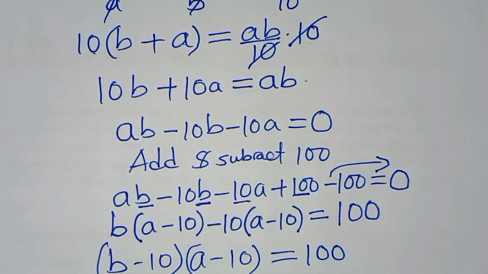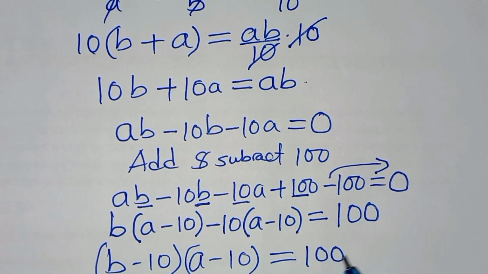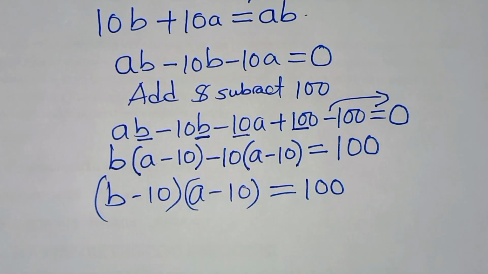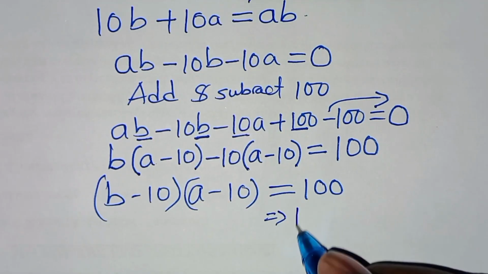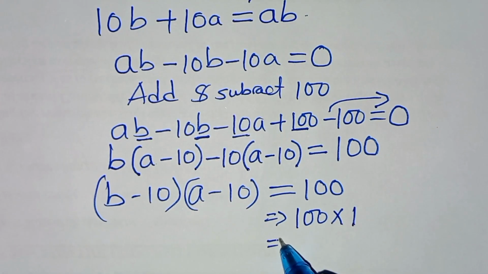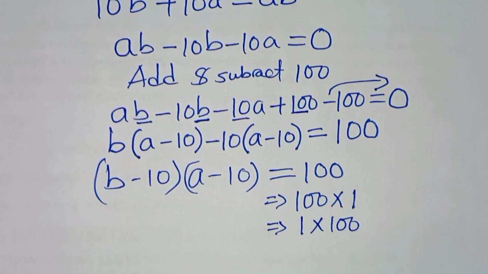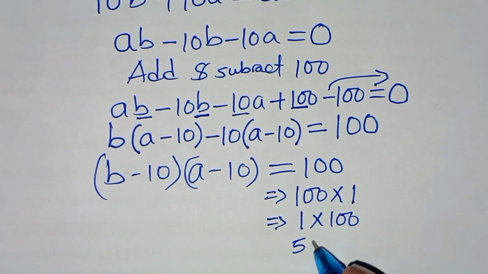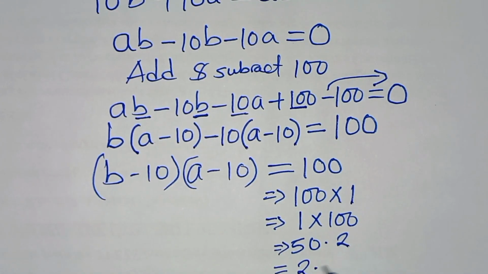So the next step is to get factors of 100. Let's get the factors of 100. So here we have 100 times 1. Then we have 1 times 100. Then we have 50 times 2, which is the same thing as 100. We also have 2 times 50.